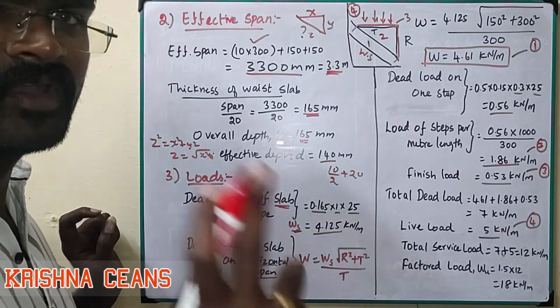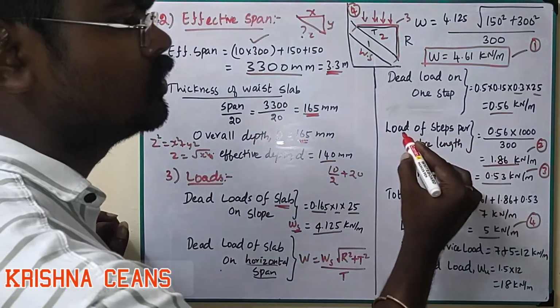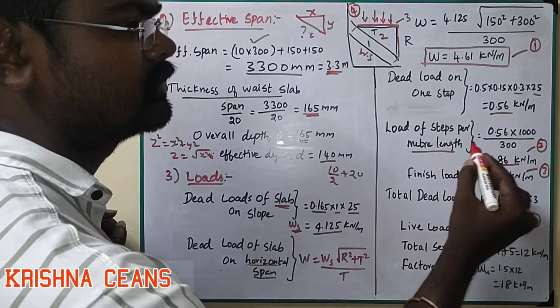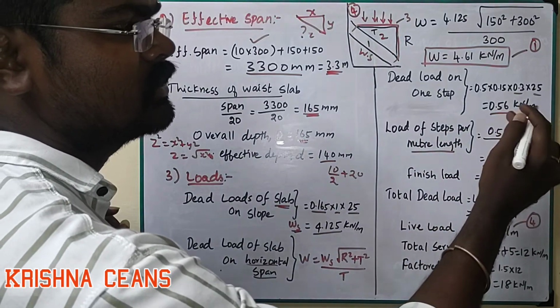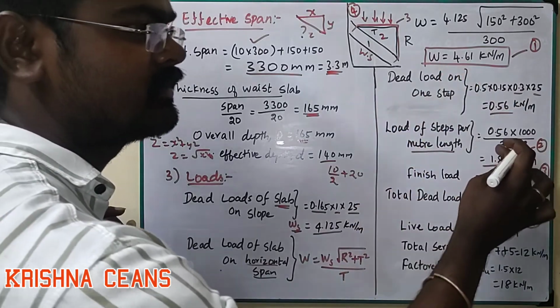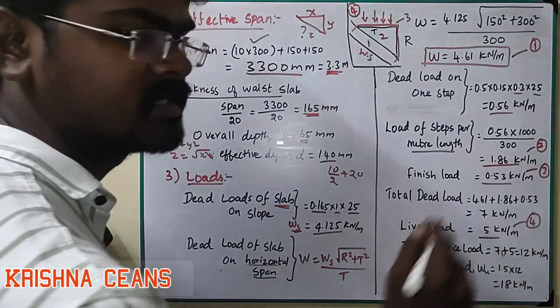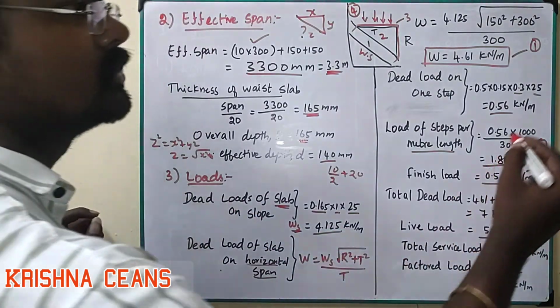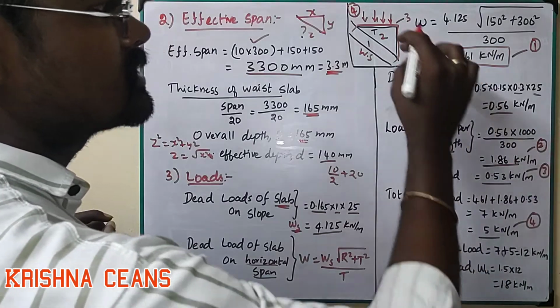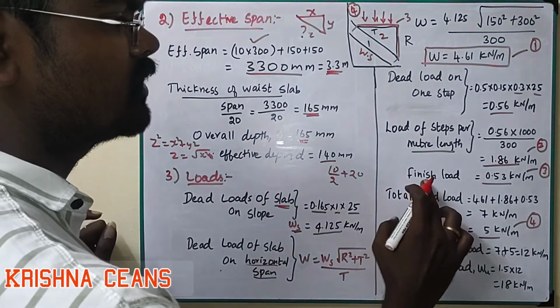We always design for 1 meter, but it is 300 mm width only. So load of steps per meter length, 0.56 is the load on one step, into for 1 meter design divided by 300 mm width. So we will get 1.86 kilonewton per meter. So this is the second one, self weight of one step. Then third one, finish load.